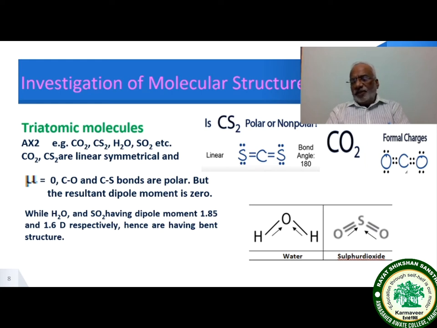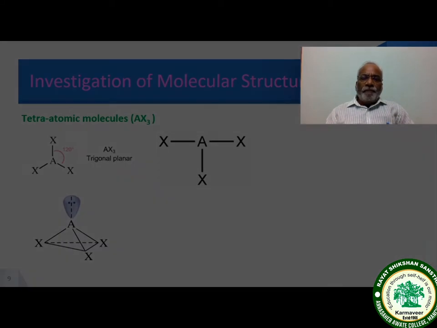In the bent structure, you can consider that all these three atoms are in one and the same plane. Here you will find the dipole moment for the O-H bond is directed from hydrogen towards oxygen, from electropositive atom to electronegative atom, and the resultant dipole moment is non-zero here.